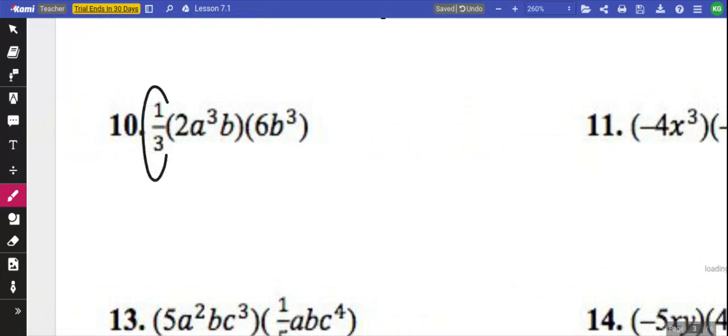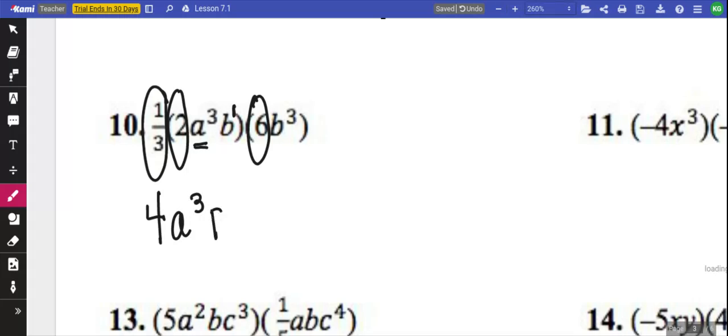On this one, I have 3 coefficients. I have 1/3, 2, and 6. And so when I take 2 times 6 times 1/3, I get 4. There's no other a's, so I'm just going to leave this as a to the third. And then b to the 1 times b to the third is b to the fourth.